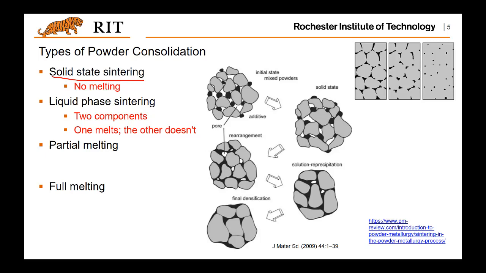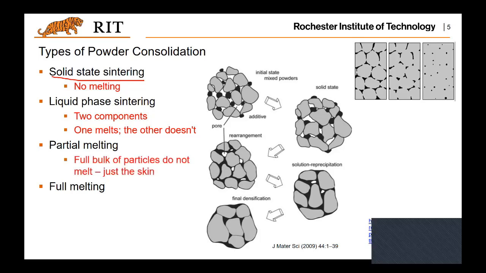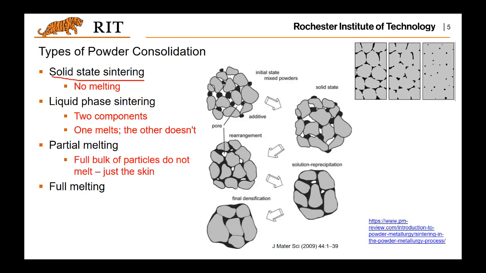Also, there is partial melting, where the bulk of the particles do not melt, just the skin. Ultimately, we will have a full melting, which is quite close to full density.